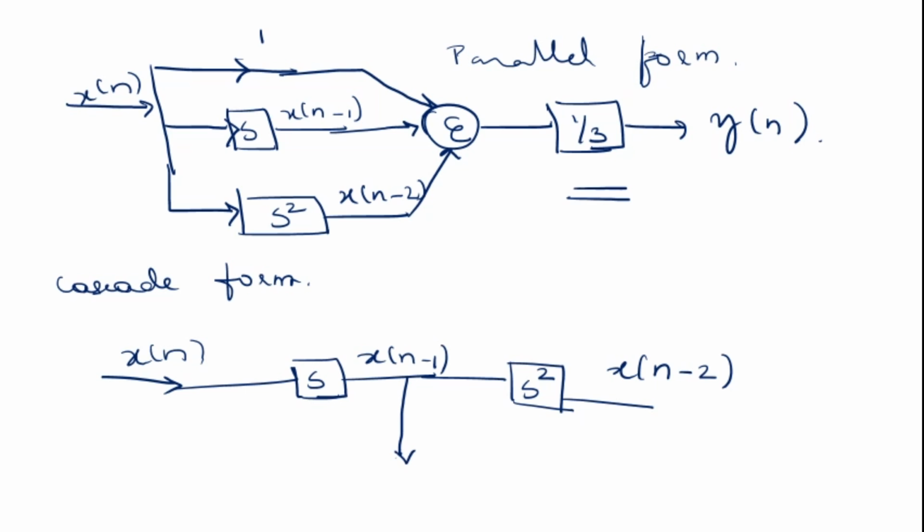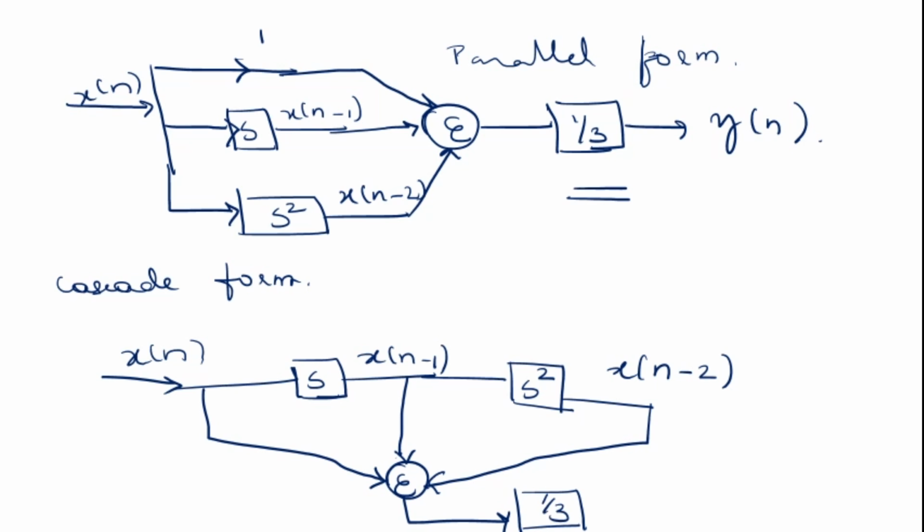I have to put one summation. I have to combine all the three. That should be multiplied by 1 by 3, which will give the output y of n.